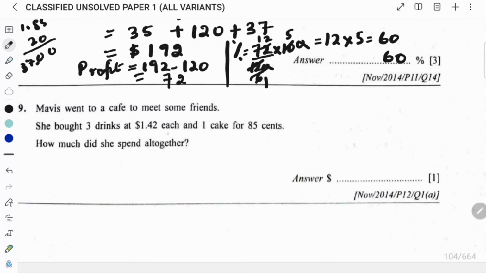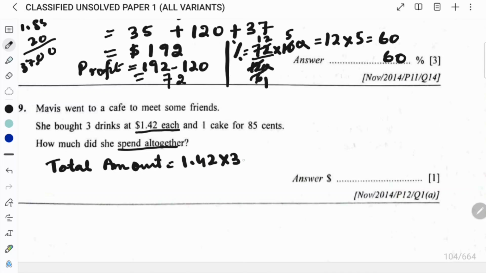Okay, so this is for 3 drinks at $1.42 each. So for 3 drinks you will have the total amount, for getting only the spend, not any change, nothing. So total amount is equal to 1.42 times 3 drinks and 1 cake for 85 cents. Because it is in dollars, I'm writing it also in dollars, 0.85.